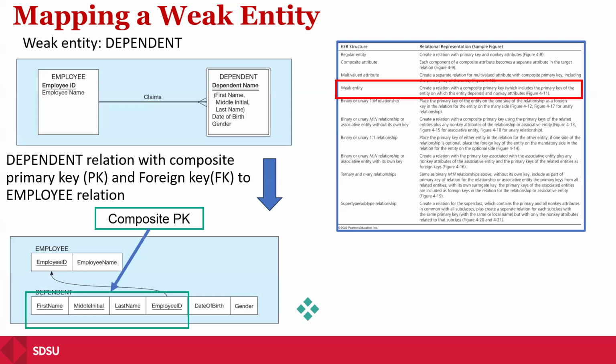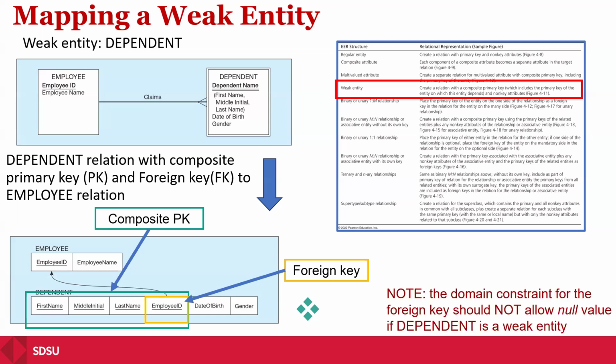Okay, right. And in this case, first name, middle initial, last name, and employee ID is going to be a composite primary key for this dependent relation, right? And employee ID, which is part of the composite primary key, is also going to be a foreign key to an employee relation.